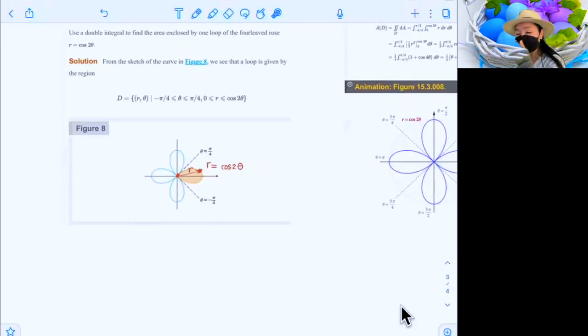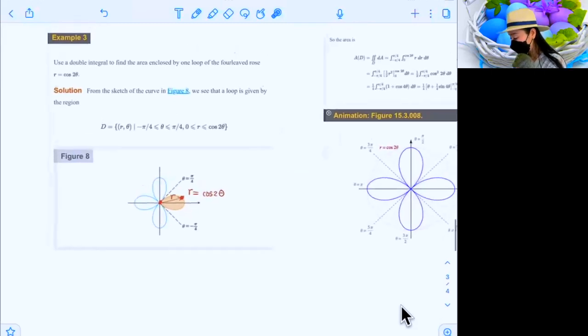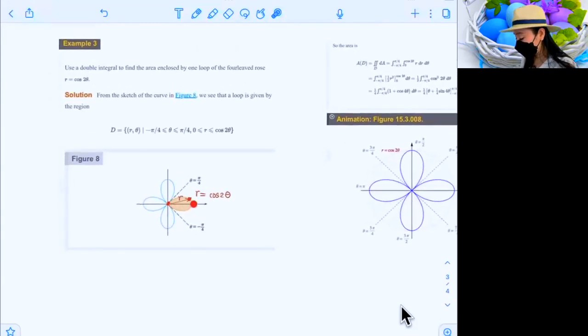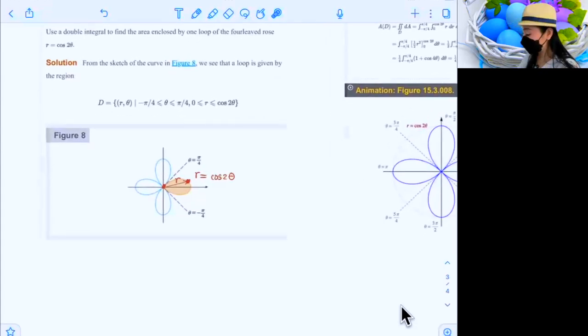Now, without looking at the book, let's see if we can find this area by setting up the integral. How do we do this? Imagine over this petal you have a solid that has height 1. Think of it like a building or some Lego.